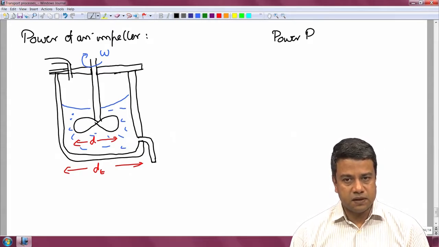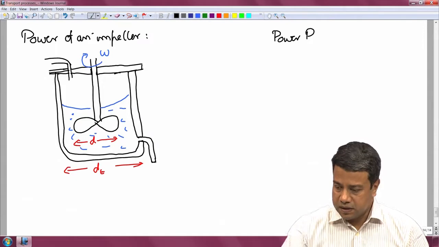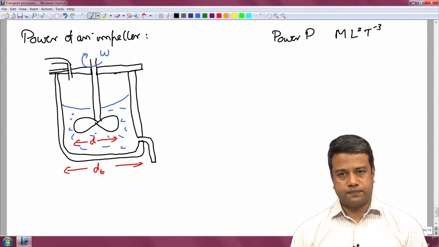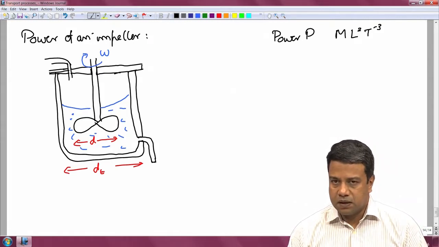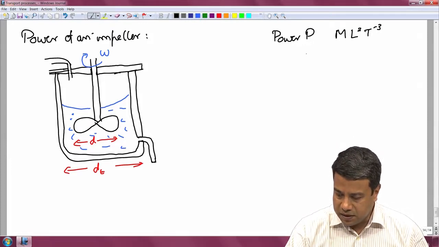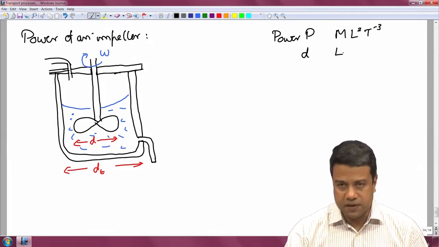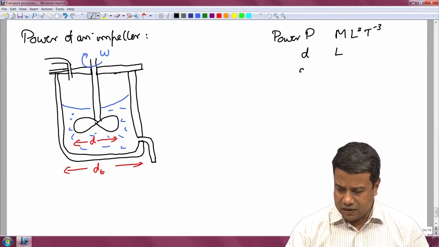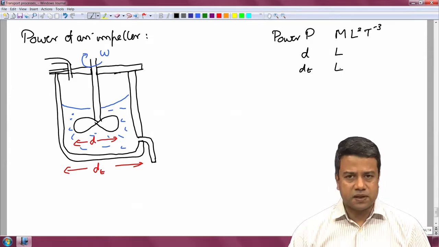Rate of change of energy, the rate of input of energy, has dimensions of m L square t to the minus 3. And this will of course depend upon the diameter of the impeller with dimensions L. It will depend upon the dimensions of the tank, that also has dimensions L.